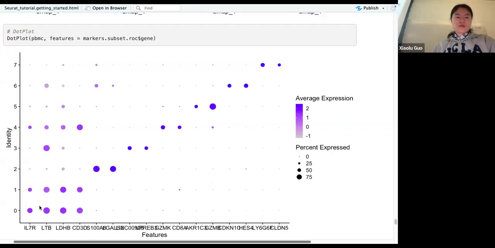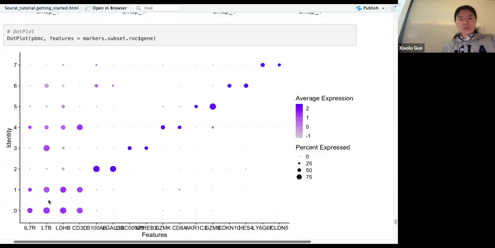So we would see a kind of line pattern. Here we can see that this gene is highly expressed in 0. However, it's also expressed in 1, 3, 4. So this gene is not that specific to cluster 0.